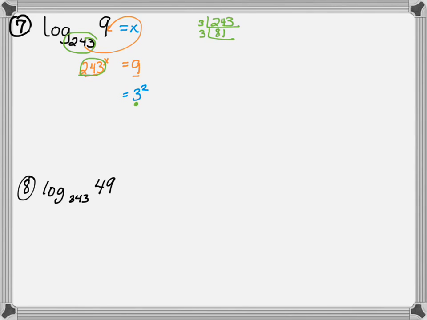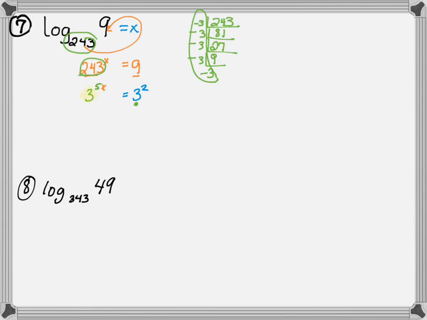81 divided by 3 is 27. 27 divided by 3 is 9. 9 divided by 3 is 3. So that means 3 to the 1, 2, 3, 4, 5 is 243. So 3 to the 5th, and then we bring that x in.